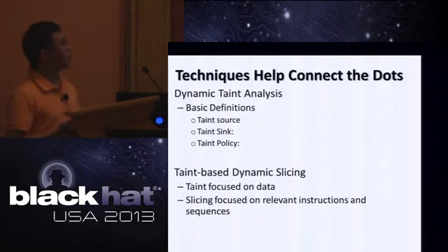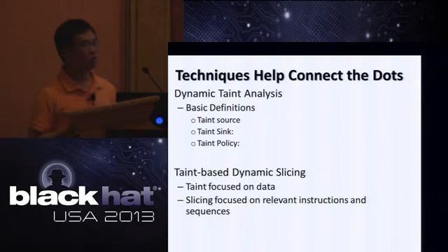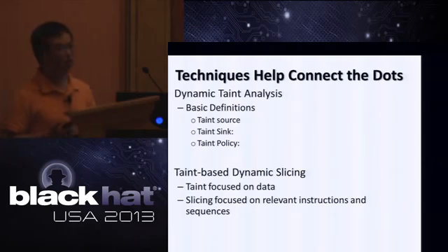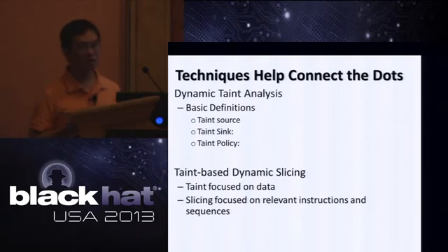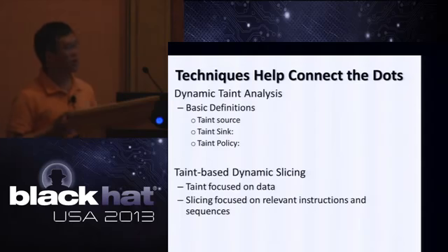So the basic technique we use is dynamic taint analysis. I'm sure many people are already familiar with it because it's a very popular research technique. But on the other hand, there may be people who are not very familiar with it because, as I mentioned, these techniques are not integrated with mainstream security tools such as IDA Pro.